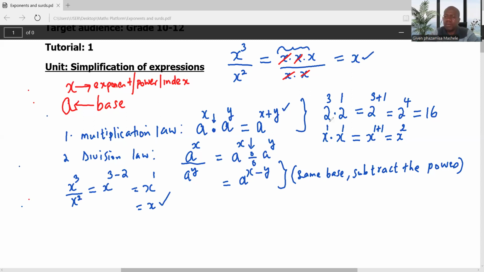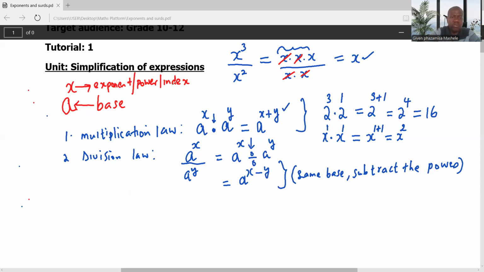So these are the most important laws when you are solving exponents. It's very important to know the laws of exponents, and there are a lot of examples that you can solve using them.